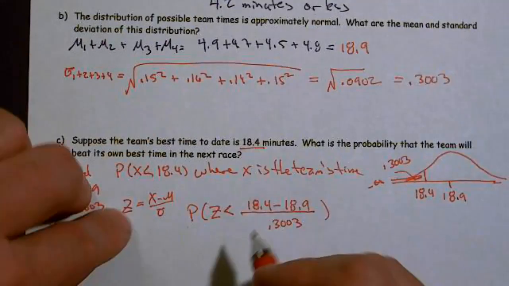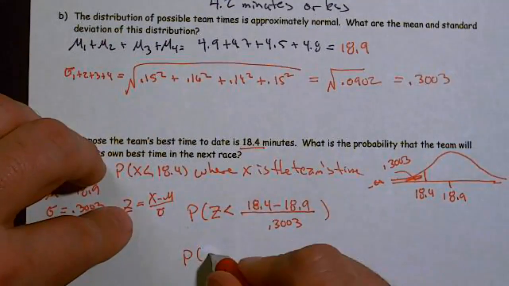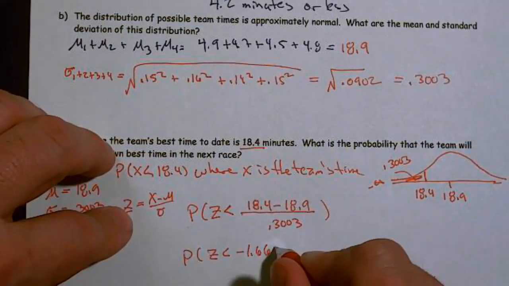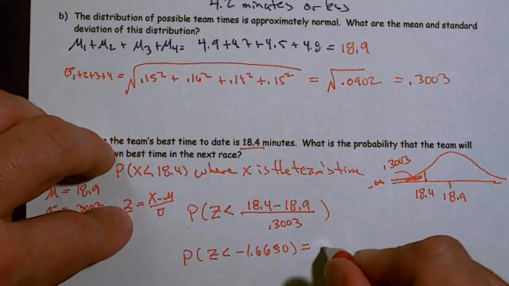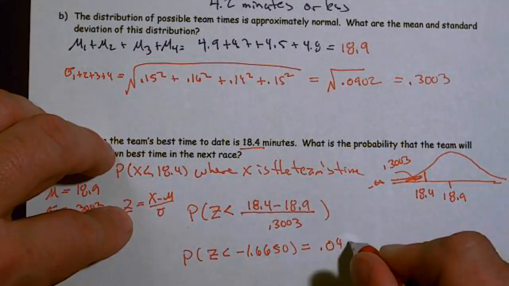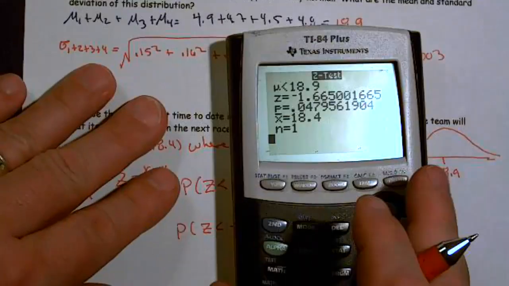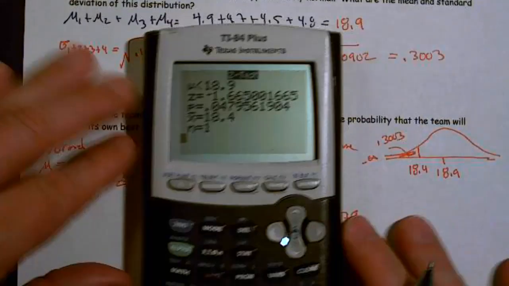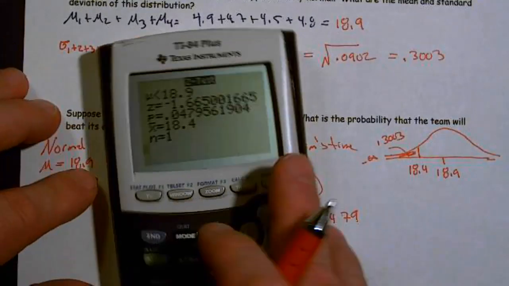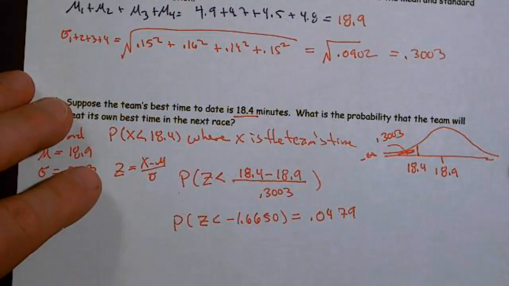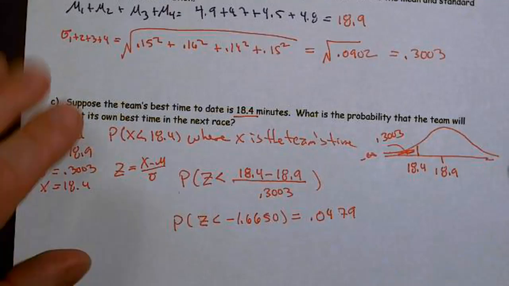And we want the probability that Z is less than negative 1.6650, which equals 0.0479. All right, and there's that from the calculator, and there's my value. If you showed all of that, which isn't too horrible, that's a pretty good chance of getting full credit on that.